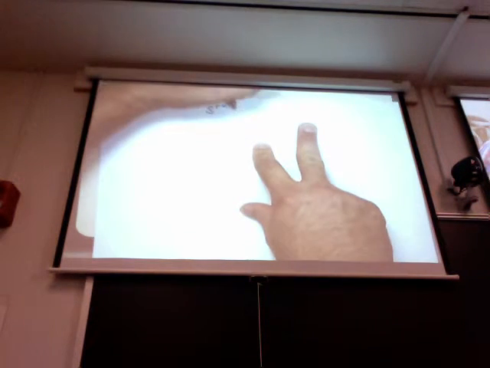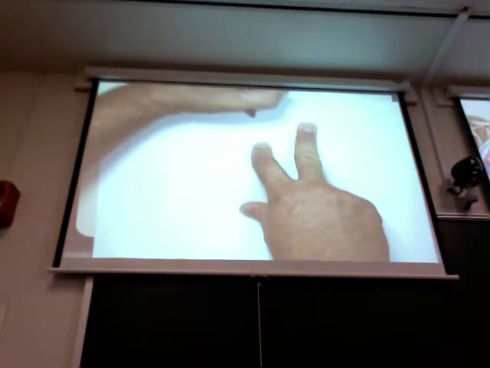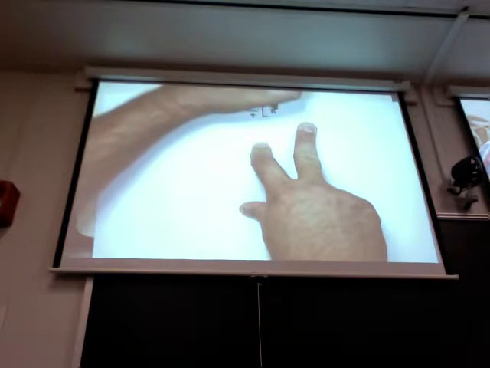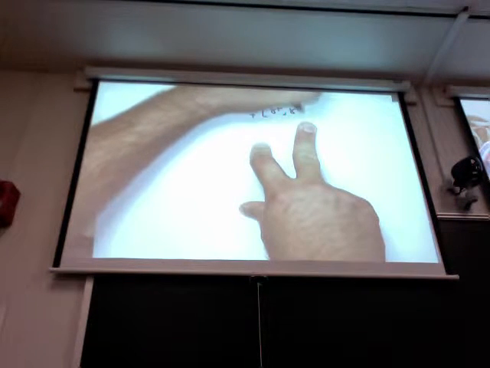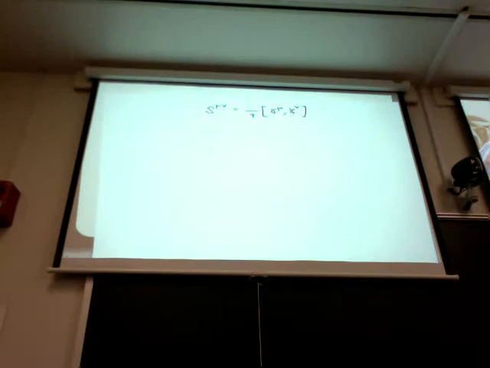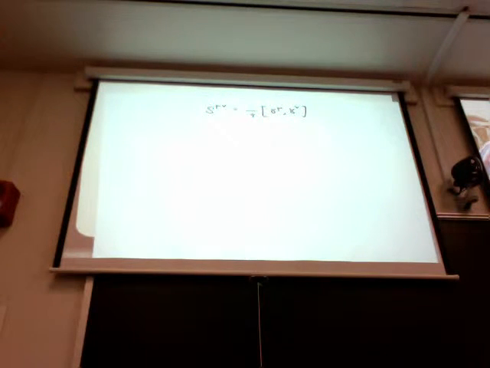In the particular case of spin 1/2 fields, you can show that the commutator of gamma mu and gamma nu, multiplied by i over 4, gives you the generators.